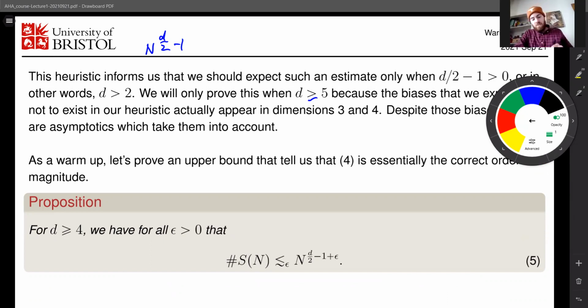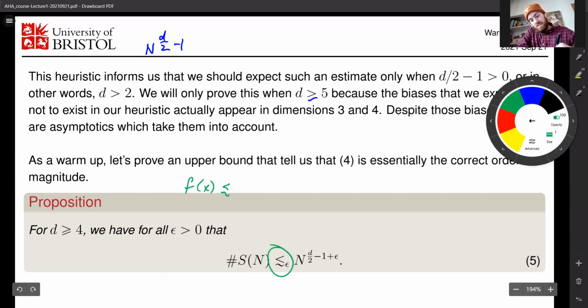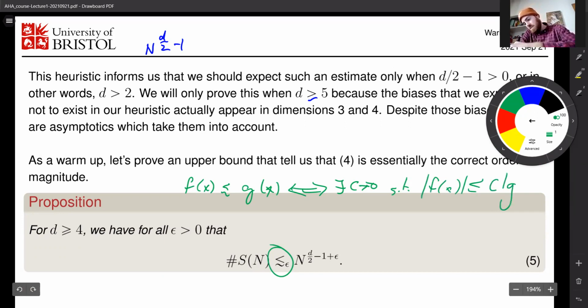So this notation is going to mean that if I have f of x less than g of x, that means there exists some positive constant c such that f of x is always less than or equal to c times g of x in absolute value.